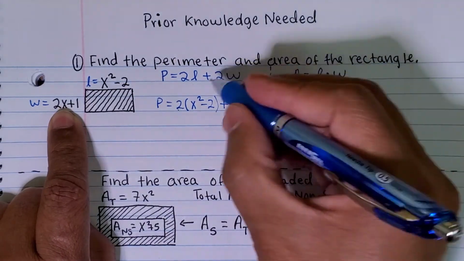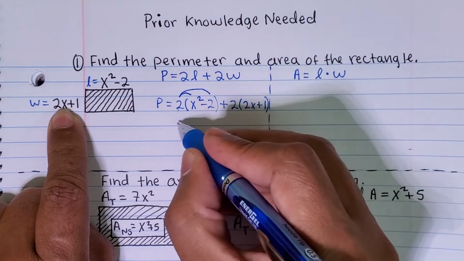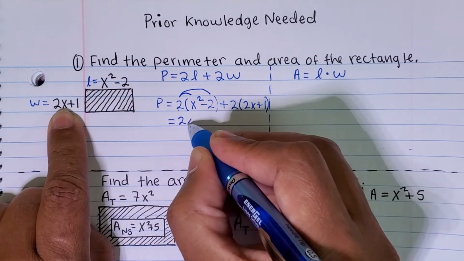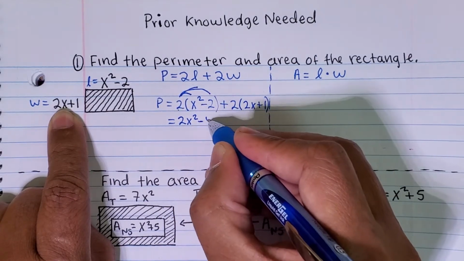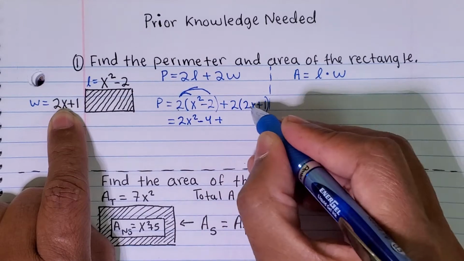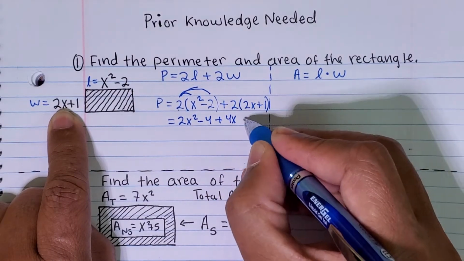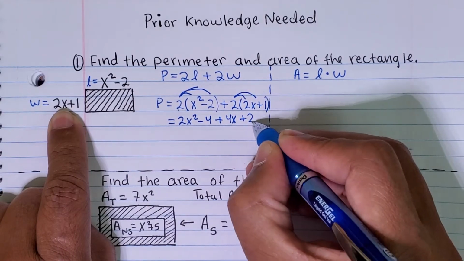Okay, now I'm going to distribute. So 2 times x squared is going to be 2x squared. 2 times negative 2 is going to be negative 4, plus 2 times 2x is 4x. 2 times 1 is 2.